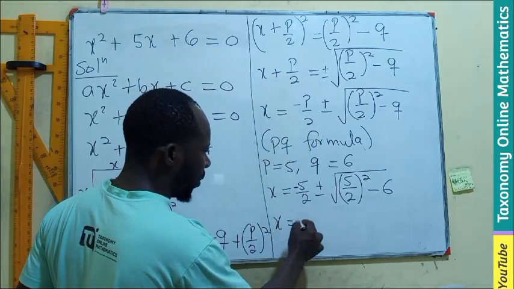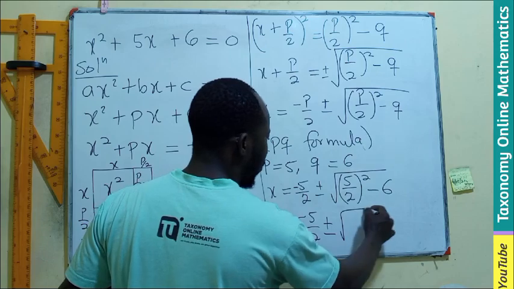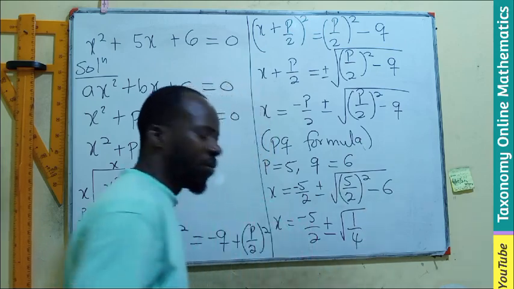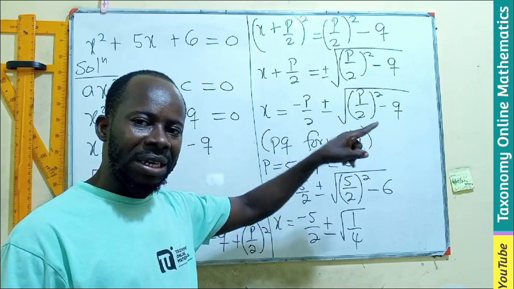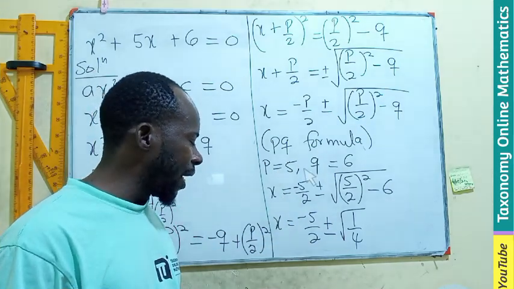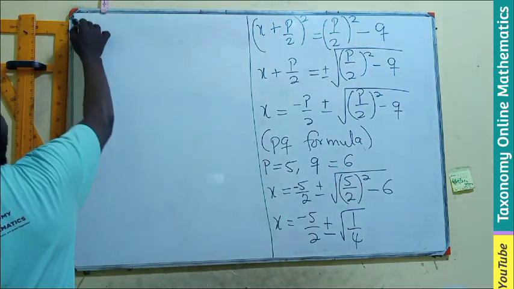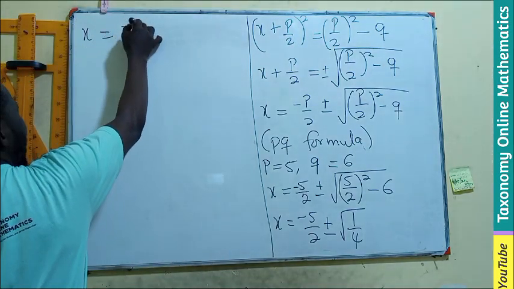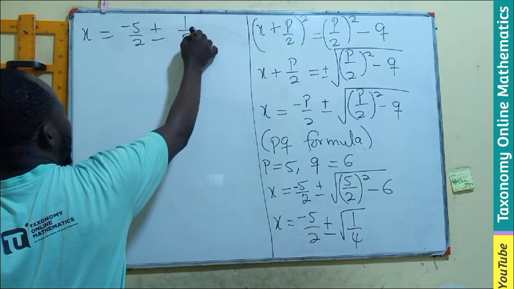So now your x will become negative 5 over 2 plus or minus the root of 1 over 4. And you know the root of 1 over 4 means the root of 1 divided by the root of 4, so we can also get a value from there. So we now have x equals minus 5 over 2 plus or minus 1 over 2.